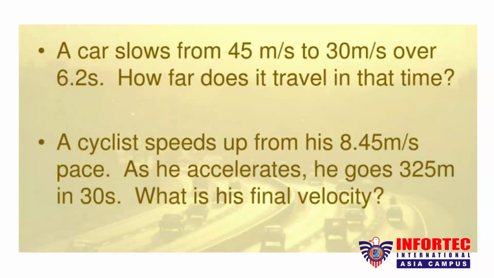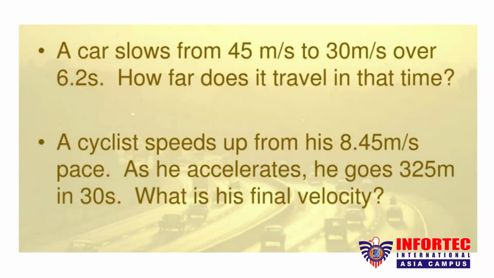The car slows down means there is a deceleration, right? Deceleration happens when the initial velocity is greater than the final velocity. If there is acceleration, the final velocity should be greater than the initial velocity. So here the value is less and they mention that it slows, right?